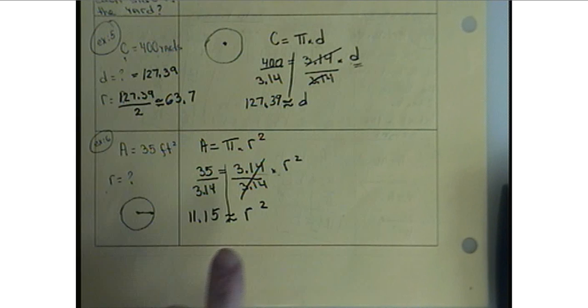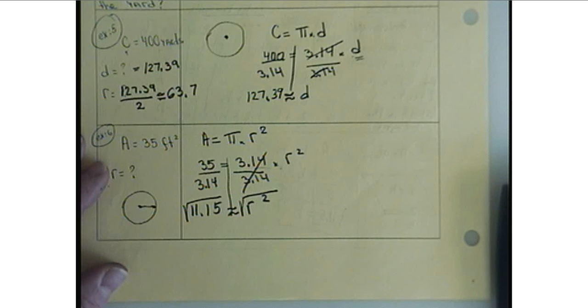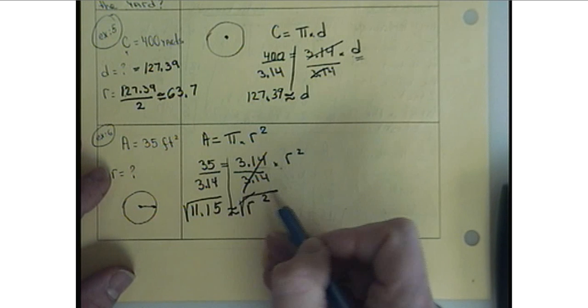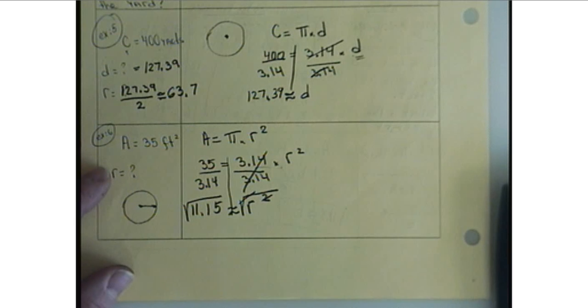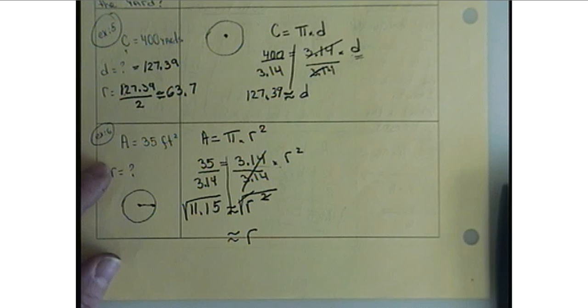This is r square, it's not just r. In order to get just r, you have to square root both sides. When you use the square root, you're able to cancel the square root with the second power, and now you have only r left on the right.